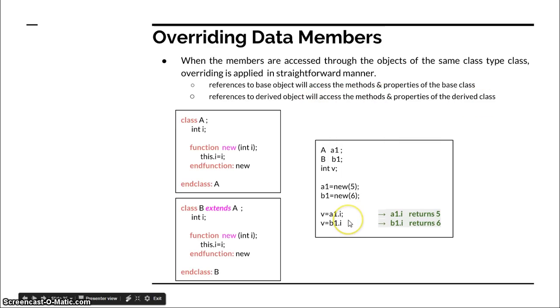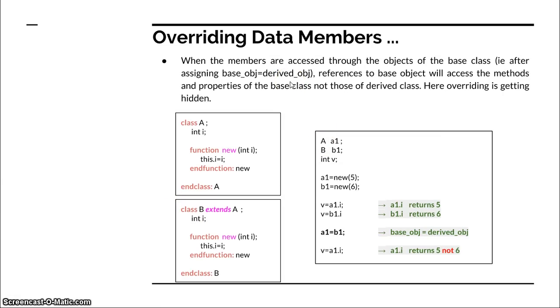This is very straightforward in this example. When you access a data member with a base class object like a1.i, it will access the data member of the base class. And when you access the data member with an object of the derived class like b1.i, it will directly access the data member within the derived class.